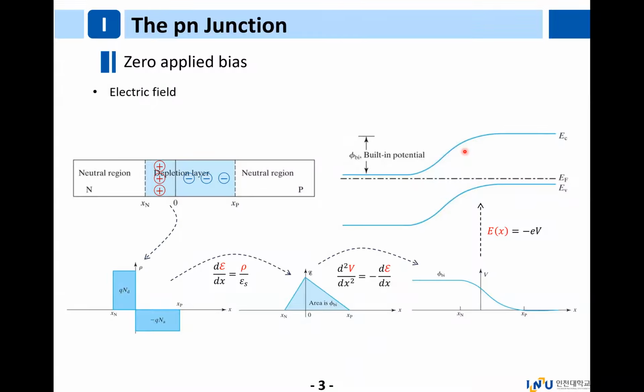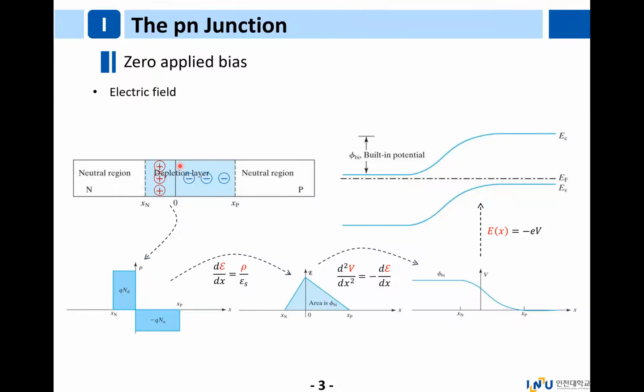Now, what charged particles exist within a semiconductor? The most obvious ones are electrons and holes. However, it is crucial to note that in addition to electrons and holes, there are fixed charges within the semiconductor, right?